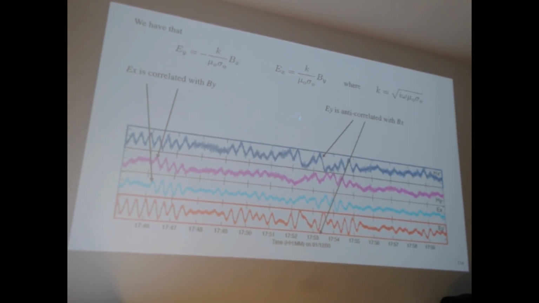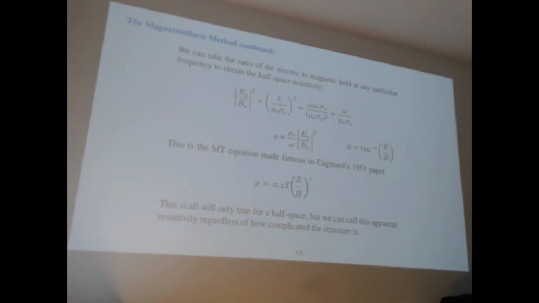But the ratio of these two fields is going to be proportional to conductivity. In the other direction, there's antiphase. So this goes up, this goes down. So the Ey is anticorrelated with Bx, and that's Niemegk's work. Pretty well all over.